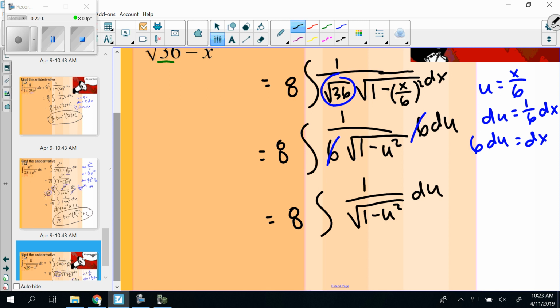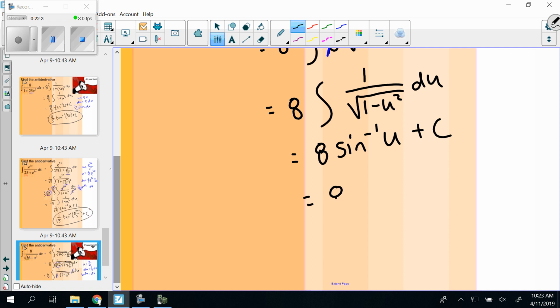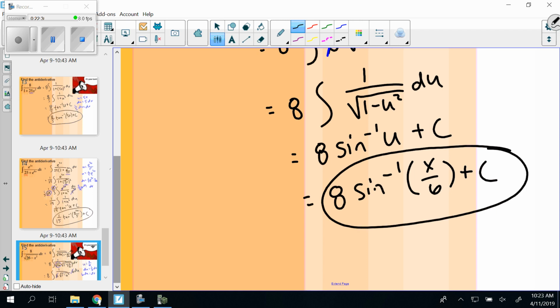That is inverse sine. And so now we got 8 inverse sine of u plus C. And then substituting back in the x over 6, our final antiderivative is this. So that would be the antiderivative of that. All right, you're going to try some of these out now on your own.